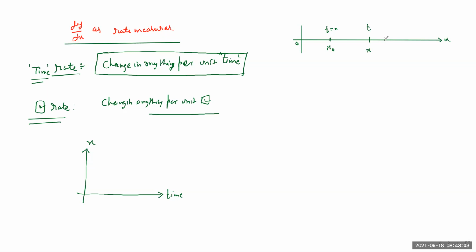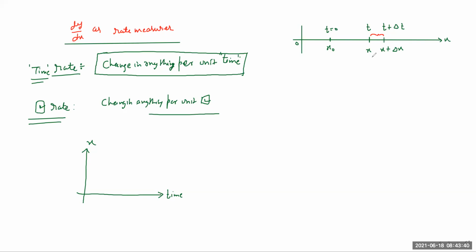And at some time t plus delta t, which is a very small time interval, the particle is at x plus delta x. Now this is what we are interested in. To go from x to x plus delta x, how much time did it take? Delta t. Correct.